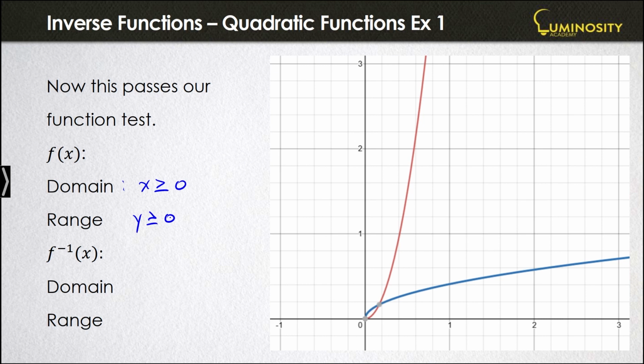So our domain becomes x greater than or equal to 0, because we take this and we put that there. And then this one goes here, so we have y is greater than or equal to 0, which was exactly what we had to begin with. But this is what you have to do for determining your domain and range for your inverse functions.